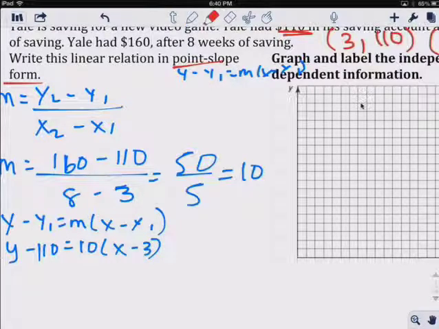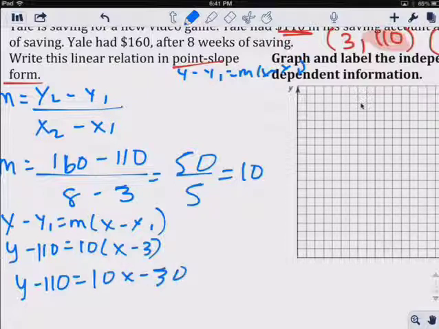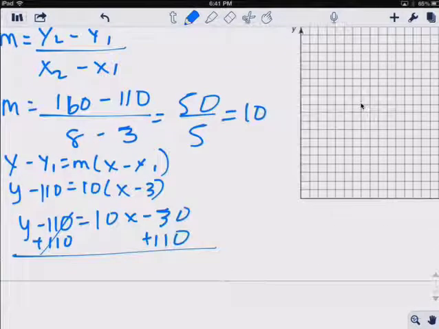Wow, look how careless I am. Almost got it wrong. Y minus 110 equals 10x minus 30. Add 110. This gives you y equals 10x plus 80.